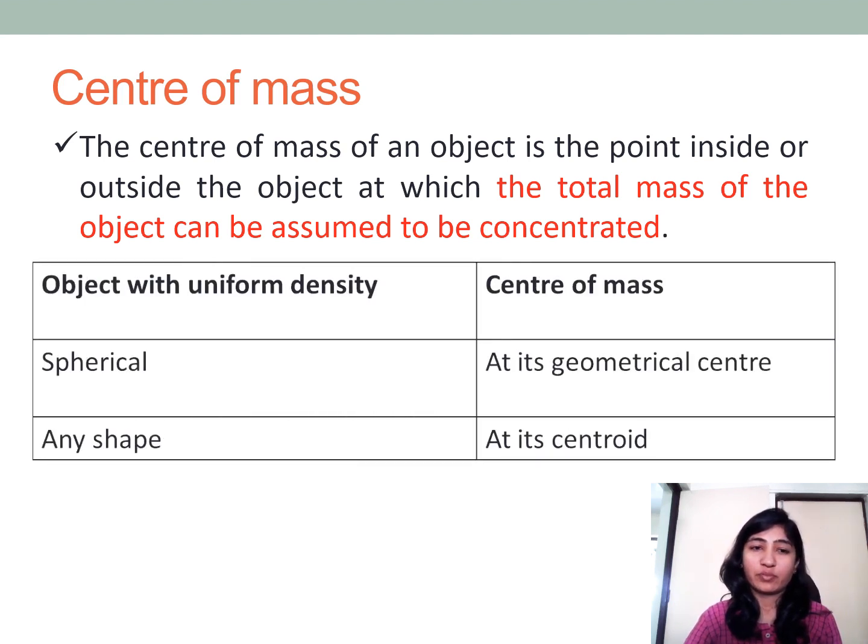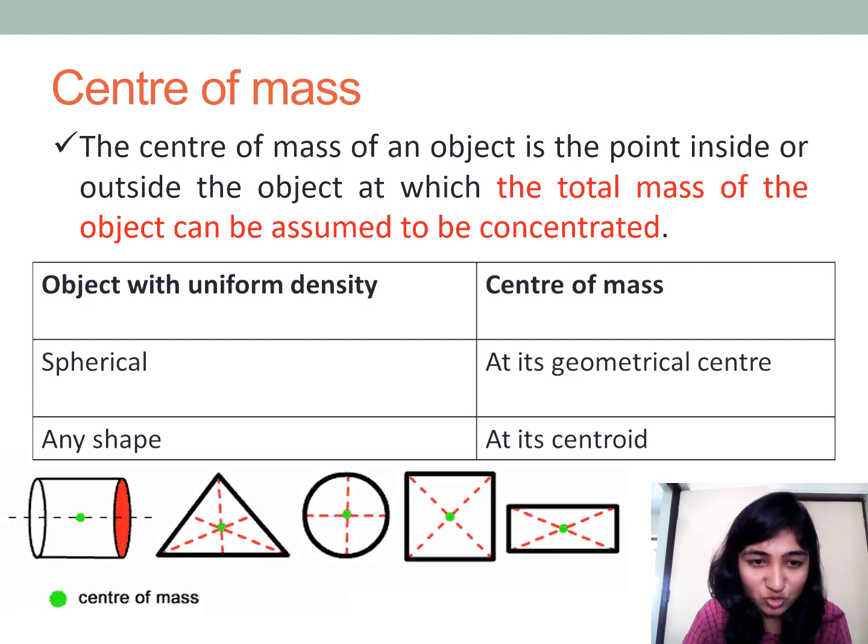Here this chart shows the center of mass of different objects, like objects which have uniform density. It can be a spherical object or it can be of any shape. For a spherical object with uniform density, so density is uniform all over the object, its center of mass will be at its geometrical center. And for any shape of object, it will be at its centroid.